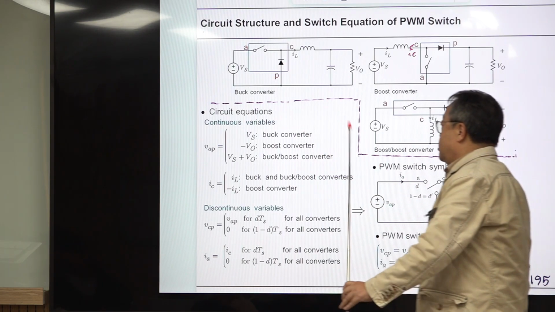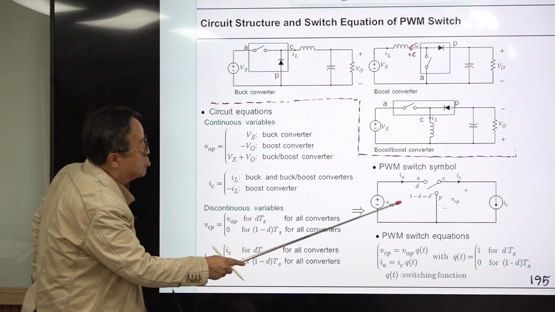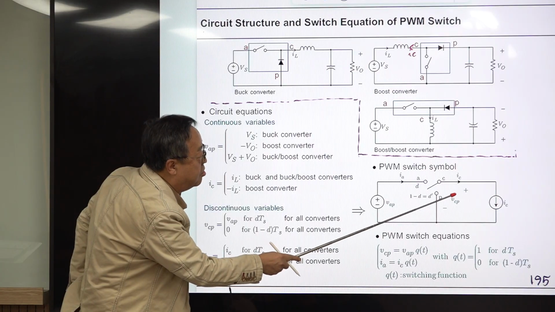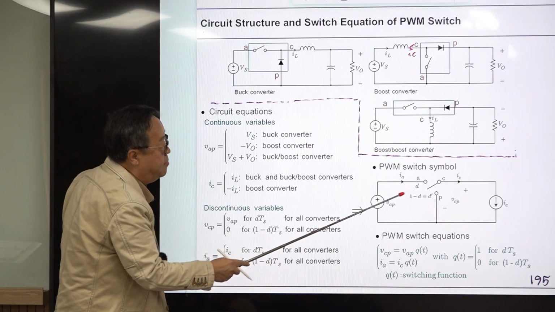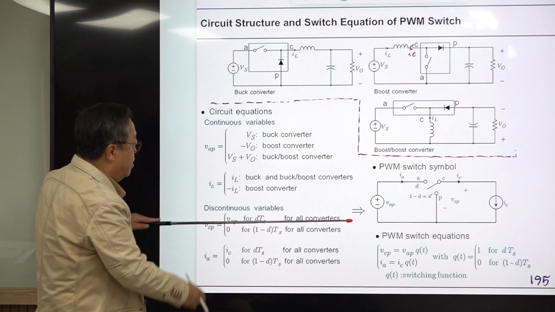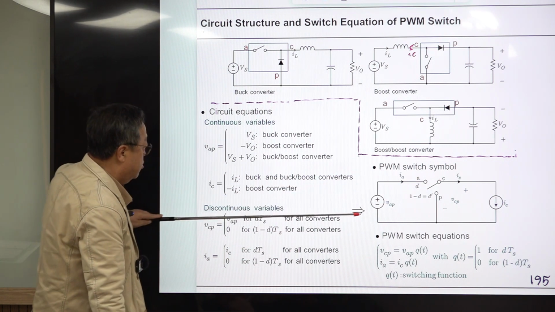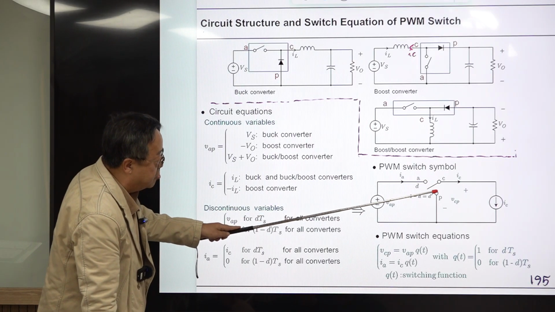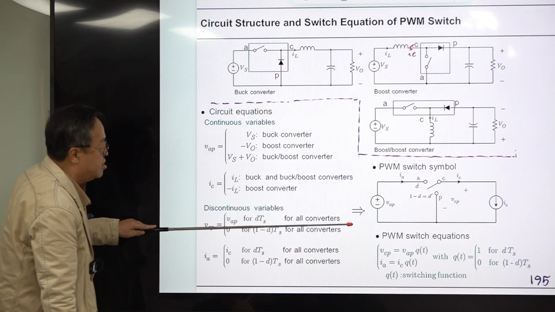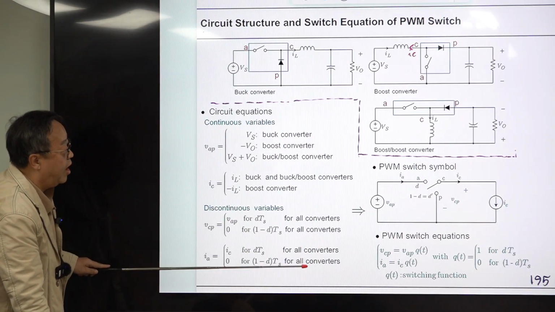But this is the discontinuous variable: the voltage across C-P is a discontinuous variable, and this voltage is the same as this one when the switch is connected to the A throw. It becomes 0 when this pole is connected to the P throw. So this is the discontinuous variable, and the same is true for I_A.